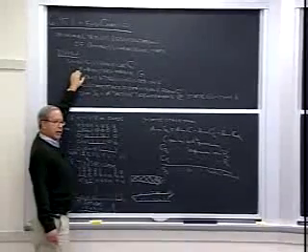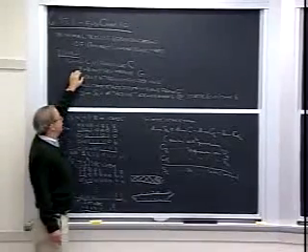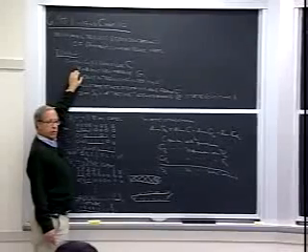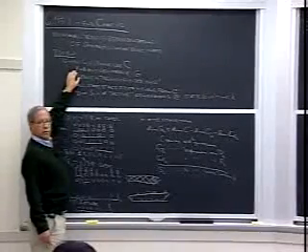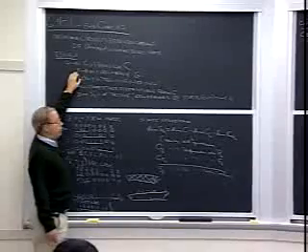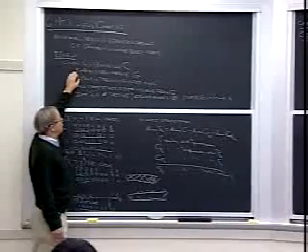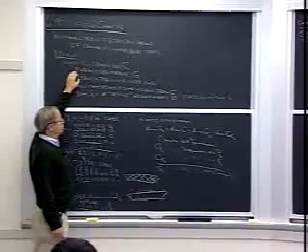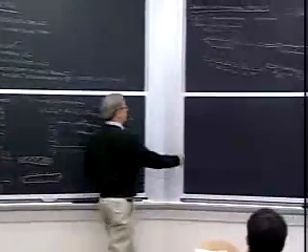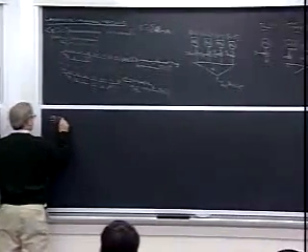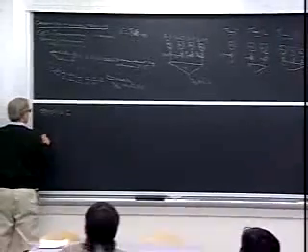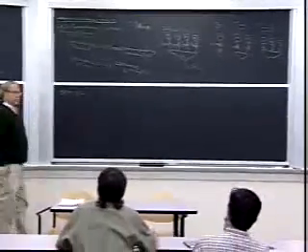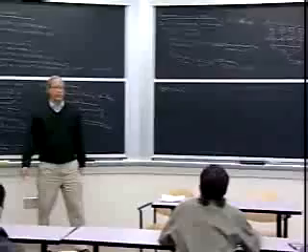Basically, we take any code word in the code, and all of its shifts will generate the code. Any non-zero code word, all of its time shifts generate the convolutional code. So take any code word G of D in a convolutional code, and G of D, D times G of D, D squared times G of D, and so forth generate the code.